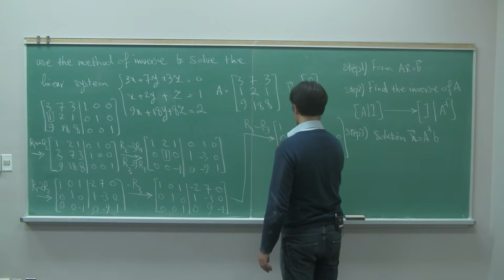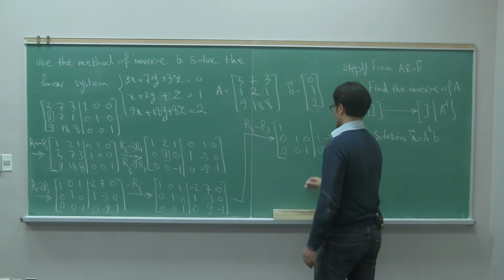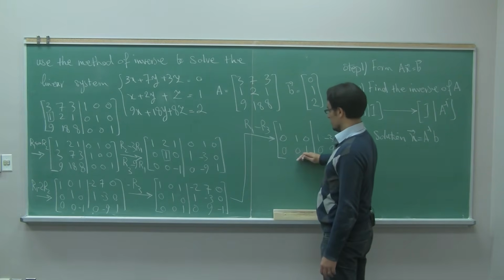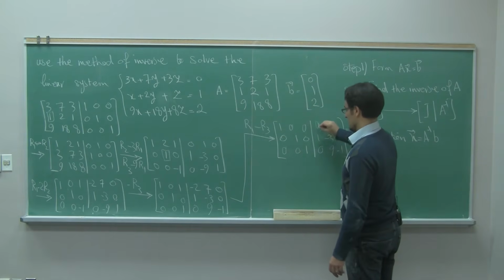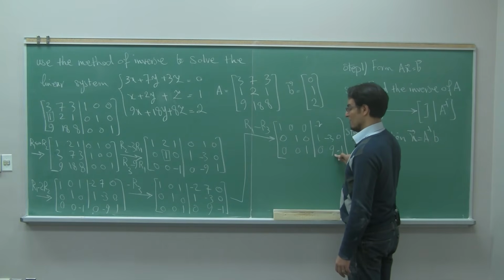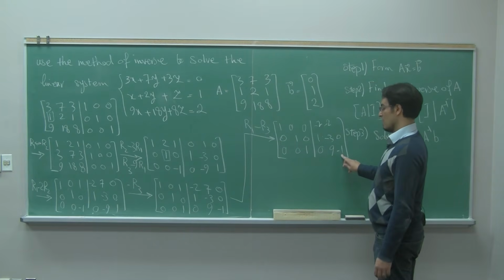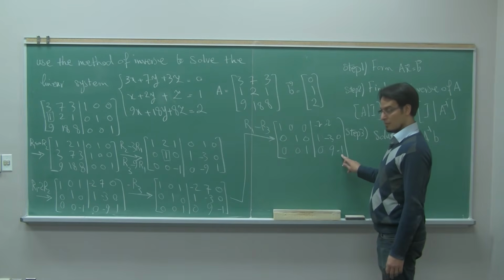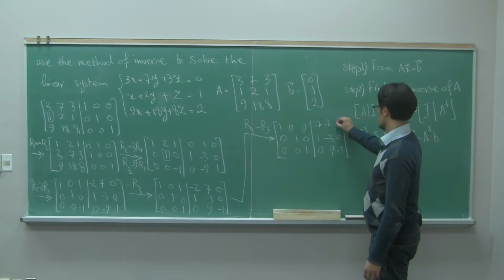Row 3, I don't change it. And then I multiply row 3 by negative 1 and add it to row 1. So this is 0, this is 0. This is negative 2. This is negative 9 multiplied to 7, negative 2. And a negative, minus negative 1 is 1. Added to 0, you get 1.